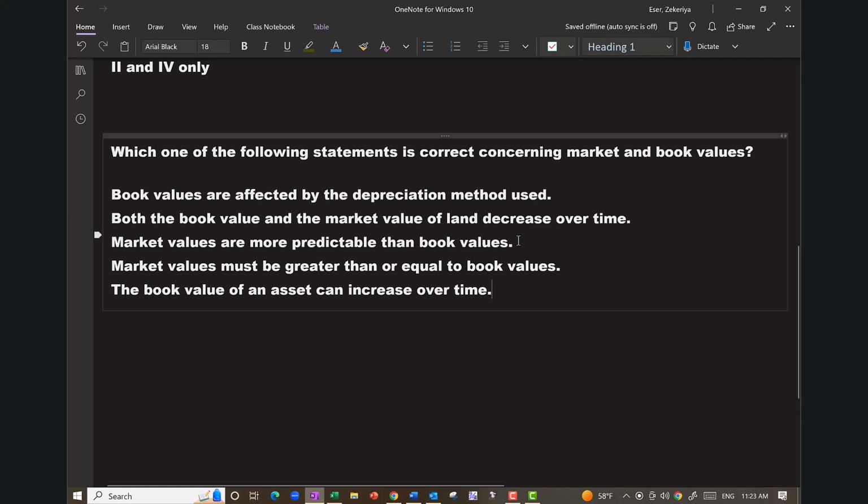Market values are more predictable than book values. In fact, it's the other way around. If I know the acquisition cost and I know the depreciation schedule, I can predict the book values to the dot. But market values are subject to the whims of the market. Back in 1989, a one-bedroom apartment in Tokyo probably cost the equivalent of $1 million.